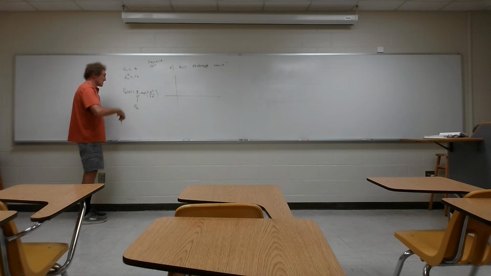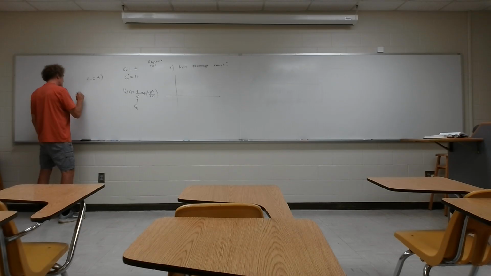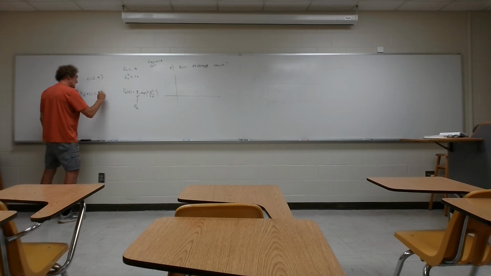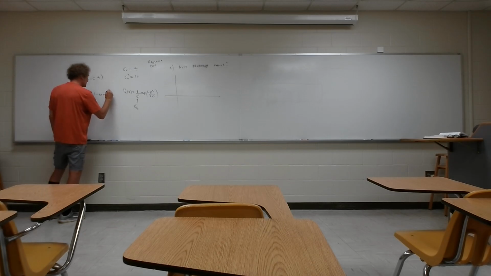And you have to know this one. F bar of r equals 1 minus exp to the minus r squared over 2 sigma squared.